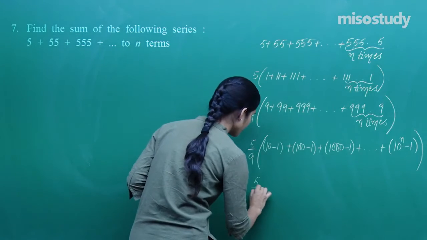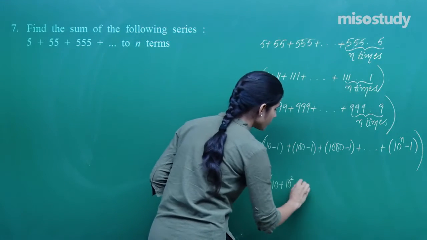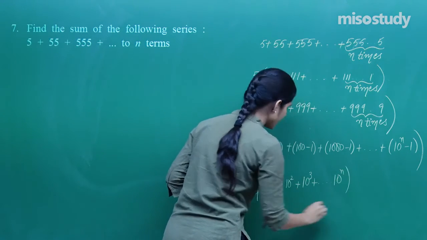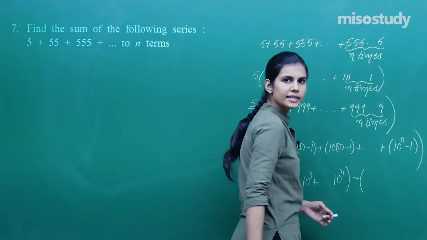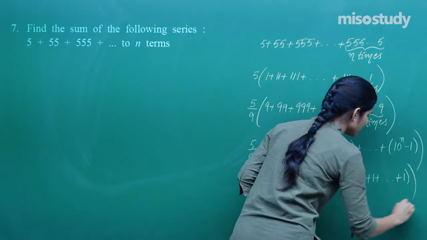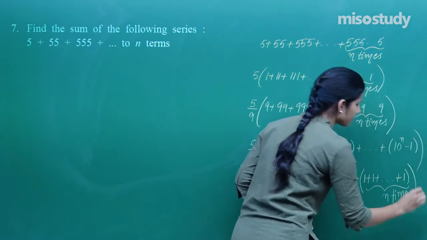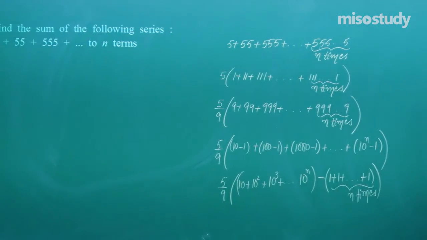Now what you do is club the like terms. 10 plus 10 square, 100 is 10 square, 1000 is 10 cube, up to 10 to the power n, minus 1 plus 1 plus 1 plus 1 being added n times. 1 added n times obviously gives you n as the answer, right?